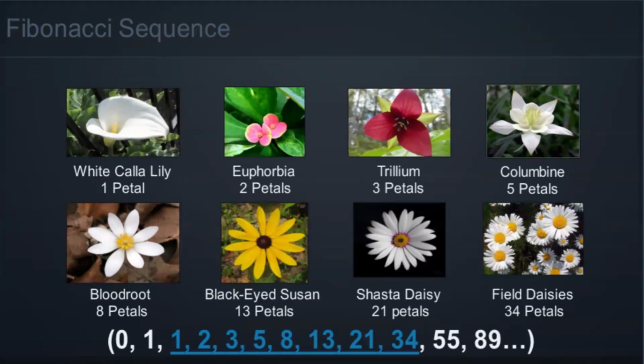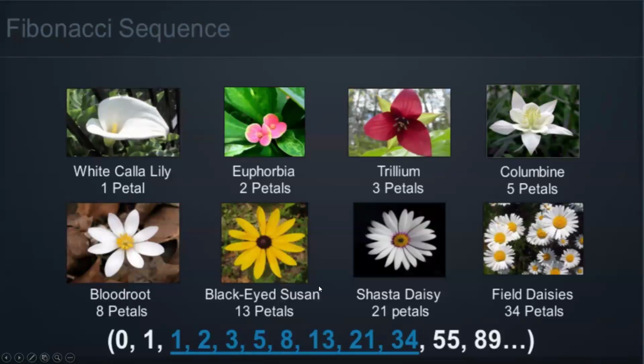Somebody took these pictures and came up with this assertion. The white calla lily grows with one petal. Now that one petal is in the Fibonacci sequence. The euphorbia grows with two petals. It's also in the Fibonacci sequence. The trillium grows with three petals. It's also in the Fibonacci sequence. The columbine grows with five petals.